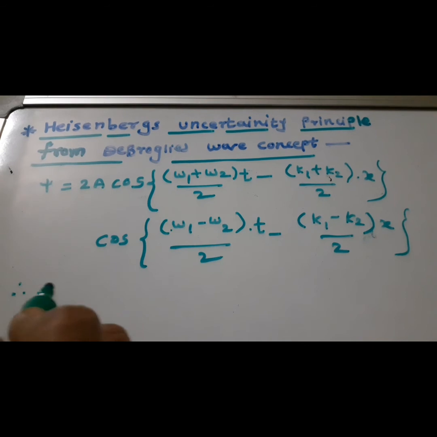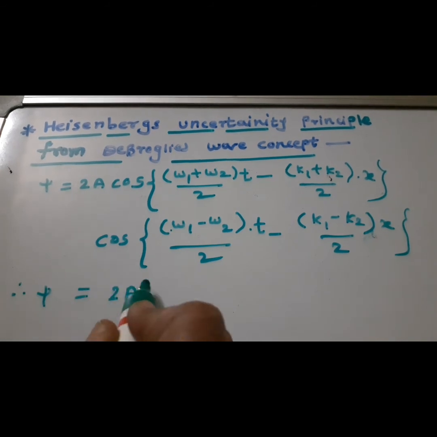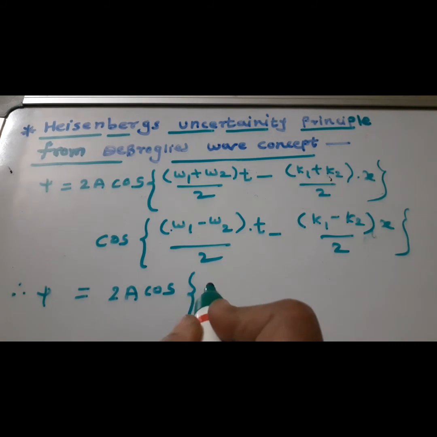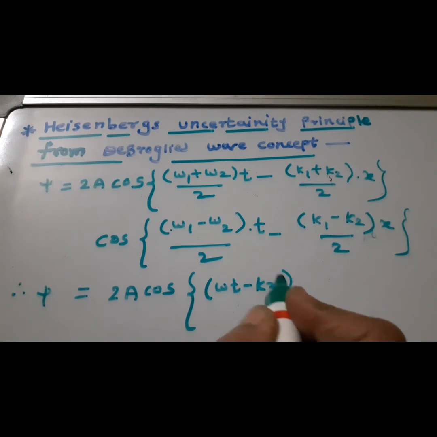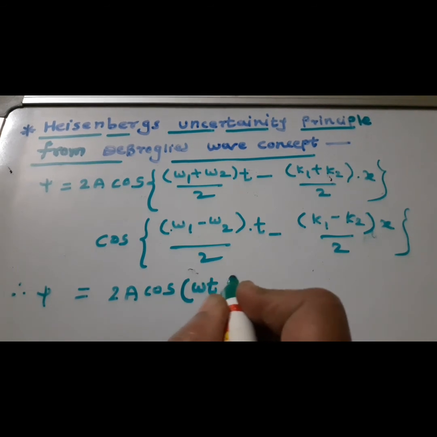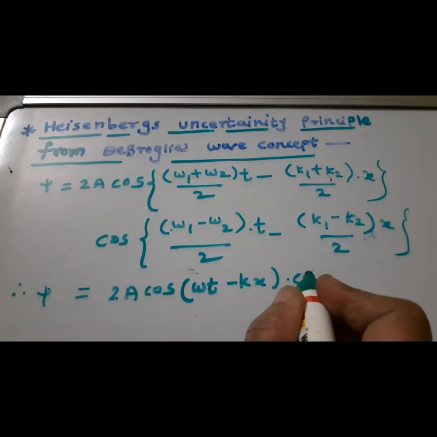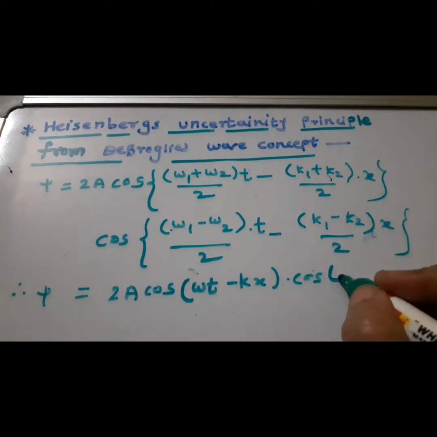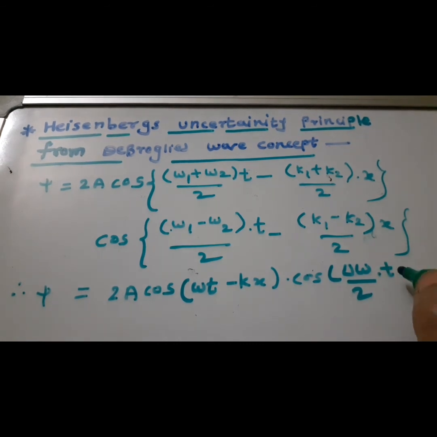Therefore, after simplifying, we can write psi is equal to 2a cos of omega t minus kx into cos of delta omega divided by 2 into t minus delta k divided by 2 into x.